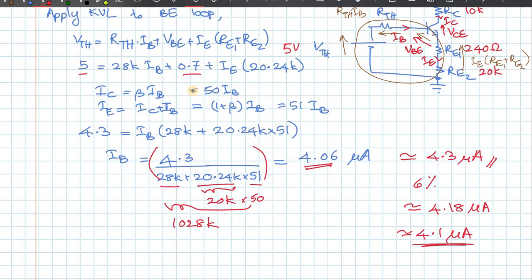So it's in the range of 4.1 microamperes, and that's good enough for our calculation. You can go with whatever you want, but let's stick to one value here and take this as my final value. Anything is fine, as long as you state your assumptions. So assuming these resistors are 5%, a rough value of 4.1 microamperes is good enough.